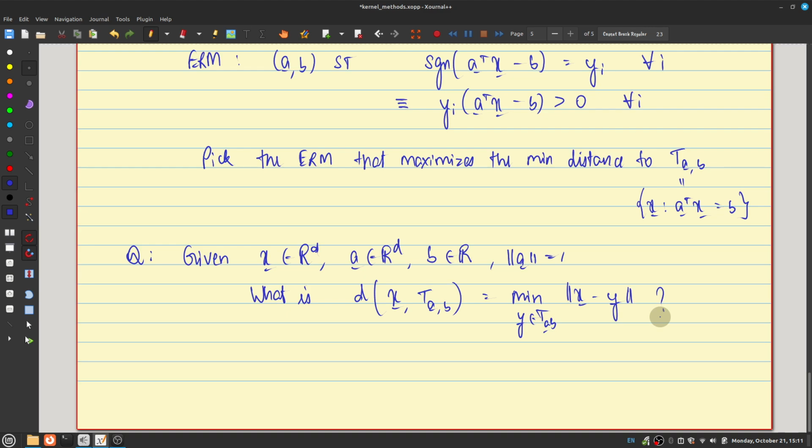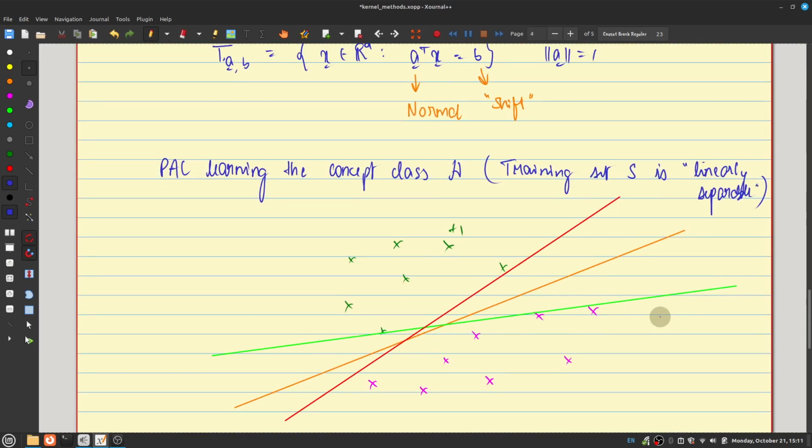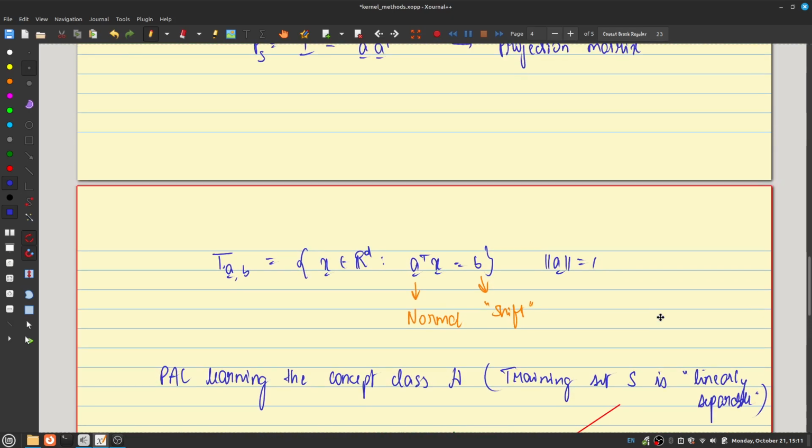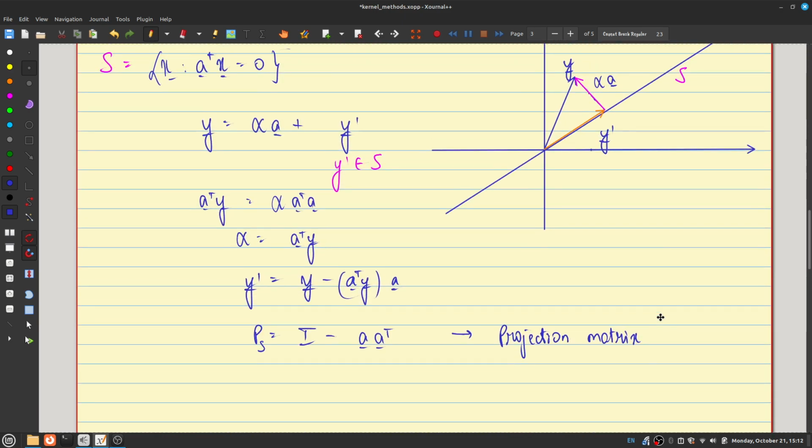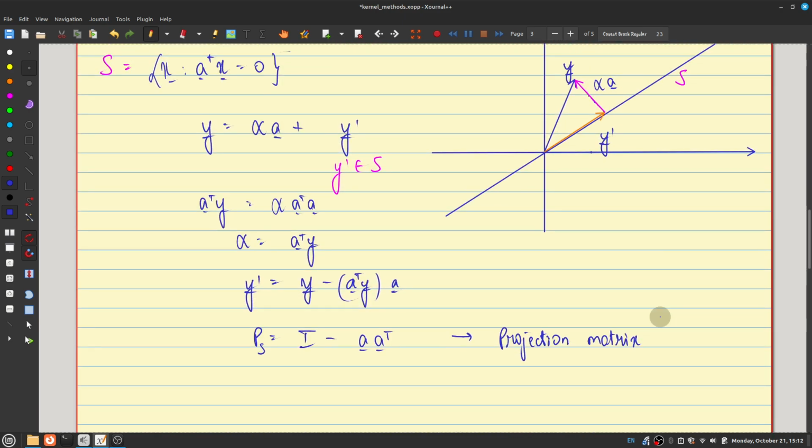Okay, that's the length of the orthogonal projection. What will it be? Be a little careful, because in that case it was A transpose Y when we were looking at hyperplanes that were passing through the origin. Now it's no longer passing through the origin, so there'll be a shift.